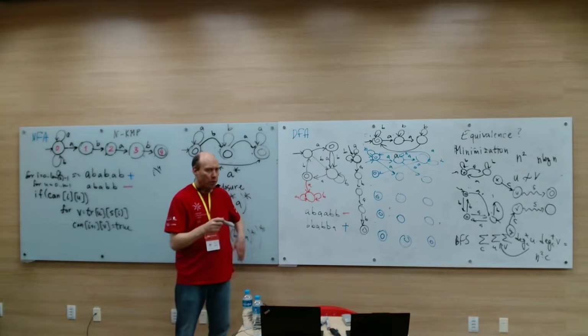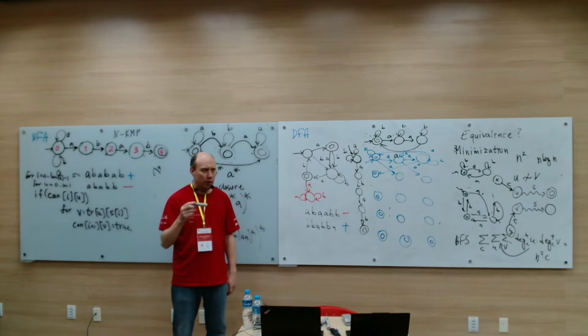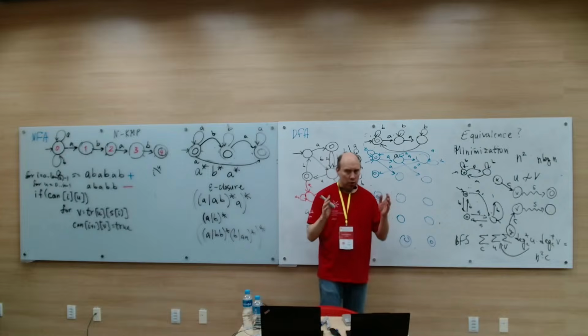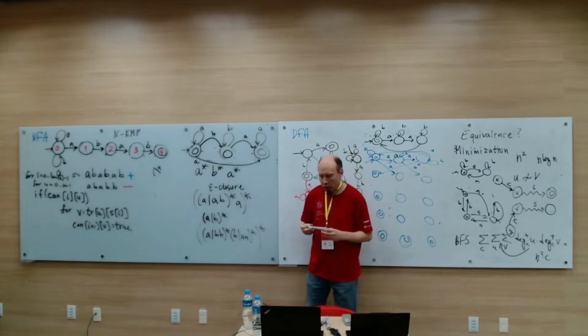So you can make a bijection between the states, and the transitions are between the corresponding states. It's quite clear.